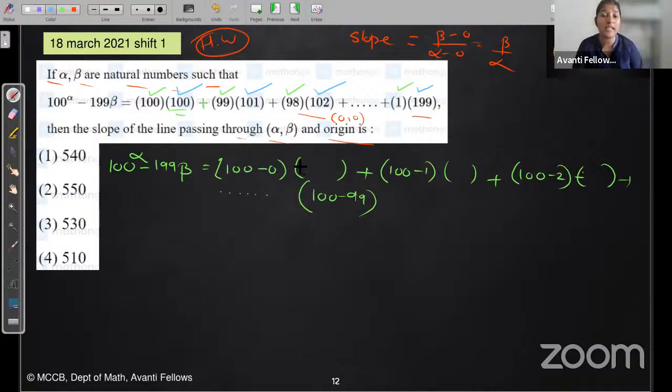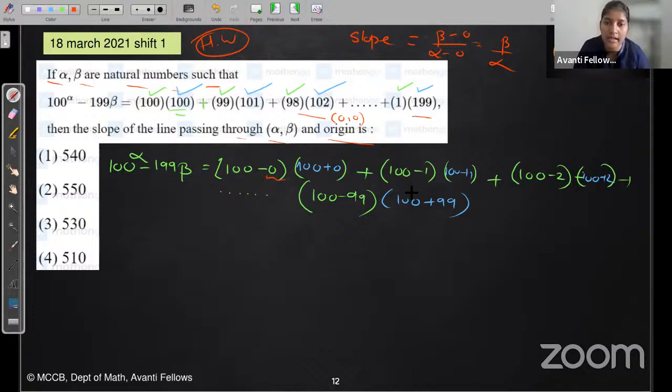So your terms are increasing, right? So if I write this as 100 plus 0, this will be what? 101. It can be written as 100 plus 1. This can be written as 100 plus 2. So on up to it can be written as 100 plus 99. Correct? So observe here. Here 100, 100, 100 everywhere. 100 is constant. What is varying?